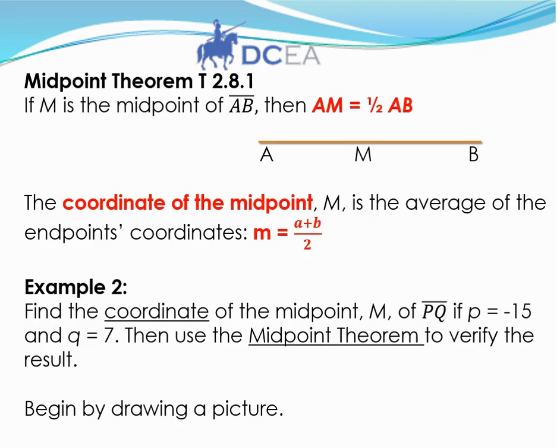We also have a formula for the midpoint theorem. This helps us to solve the midpoint of a segment. So if M is the midpoint of AB, then AM equals half of AB. We know this to be true. We've already shown this. If AB was 6, we know that AM is 3 and MB is 3.